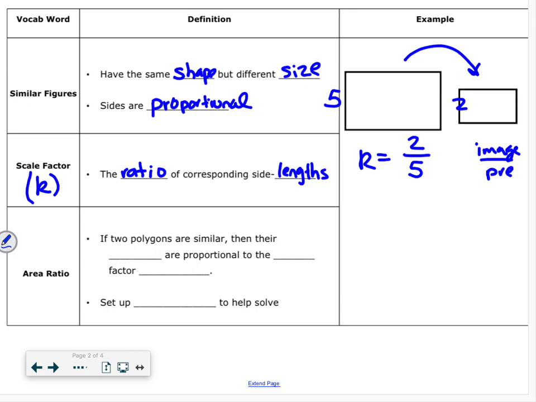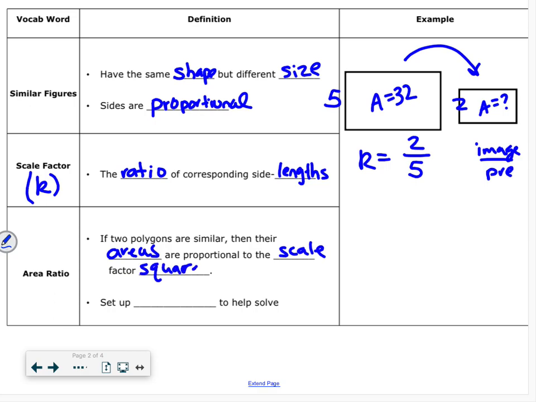Now what if the area of this one was 32? How can we find the area of this one? This is where the area ratio comes into play. If we have two polygons that are similar, then their areas are proportional to the scale factor squared.